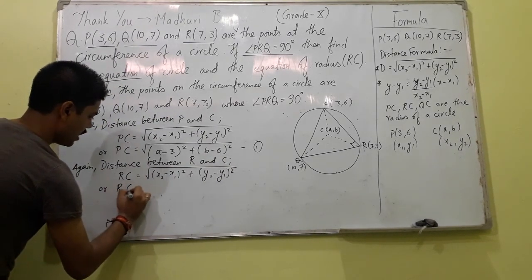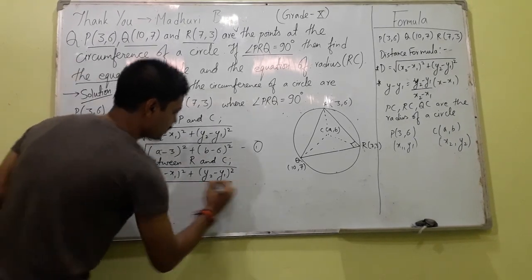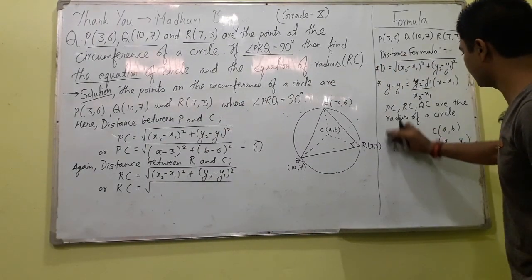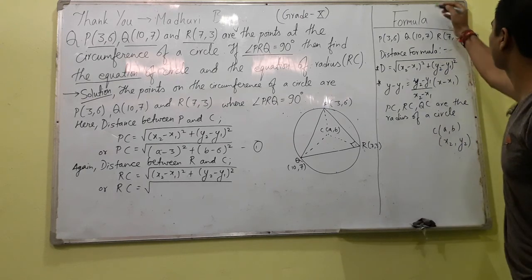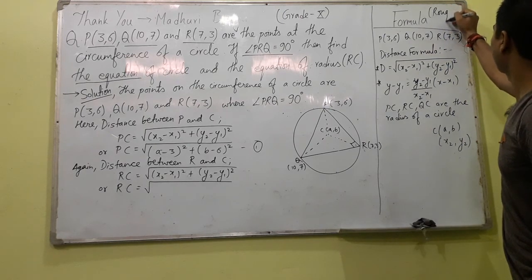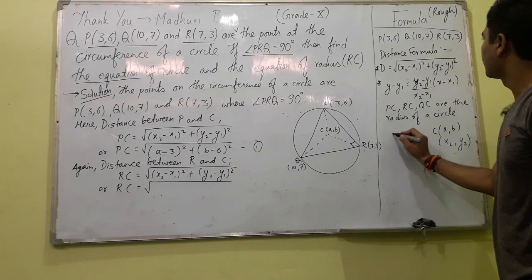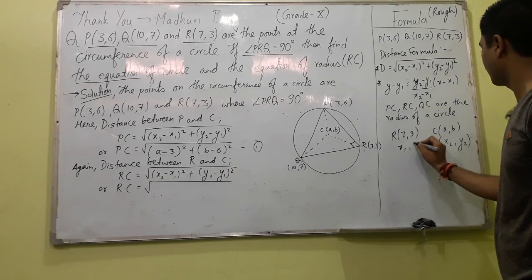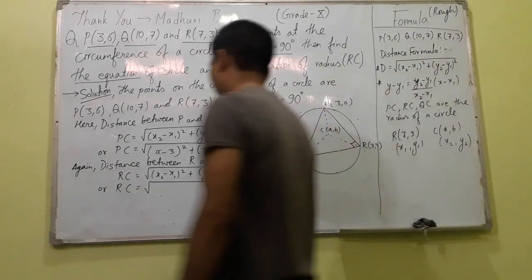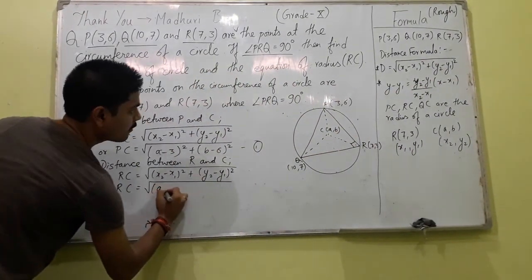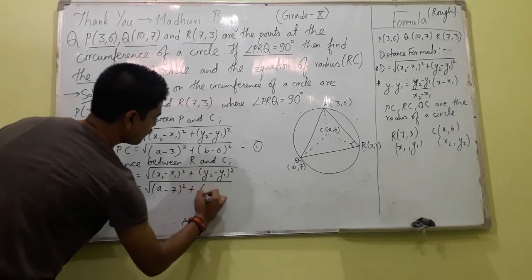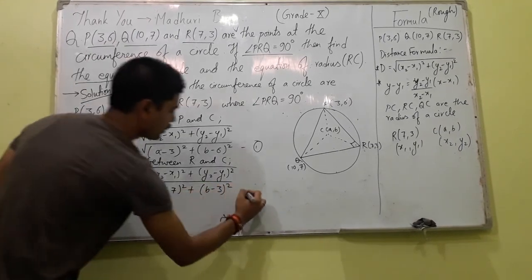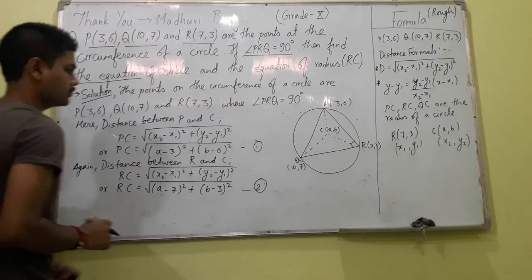Similarly here comes R. You can erase this, it is just rough work for you. R is 7, 3, so it is now x1 y1. So A minus 7 whole square, B minus 3 whole square, equation number 2.